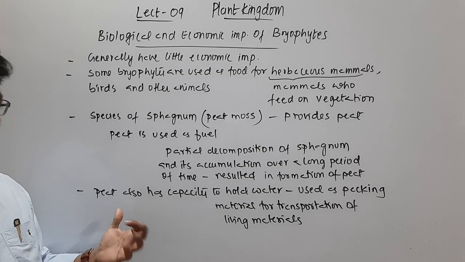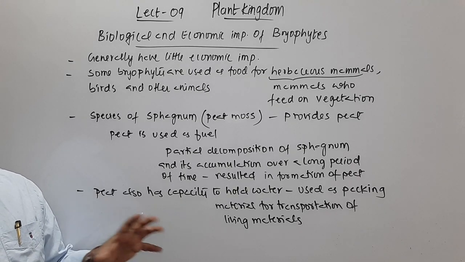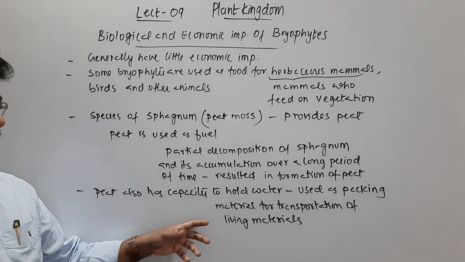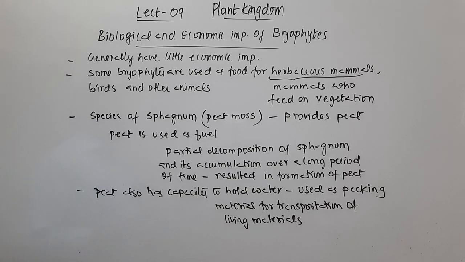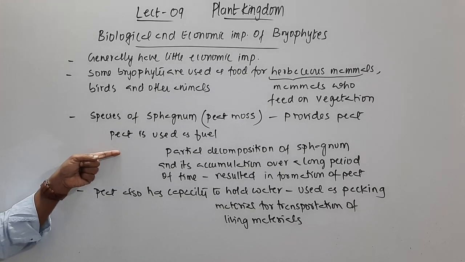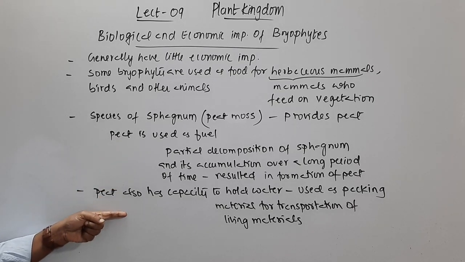The peat takes up that water and keeps wet conditions all the time, so that the living materials will not undergo any drying. So peat is used as fuel, and it is also used as packing material.